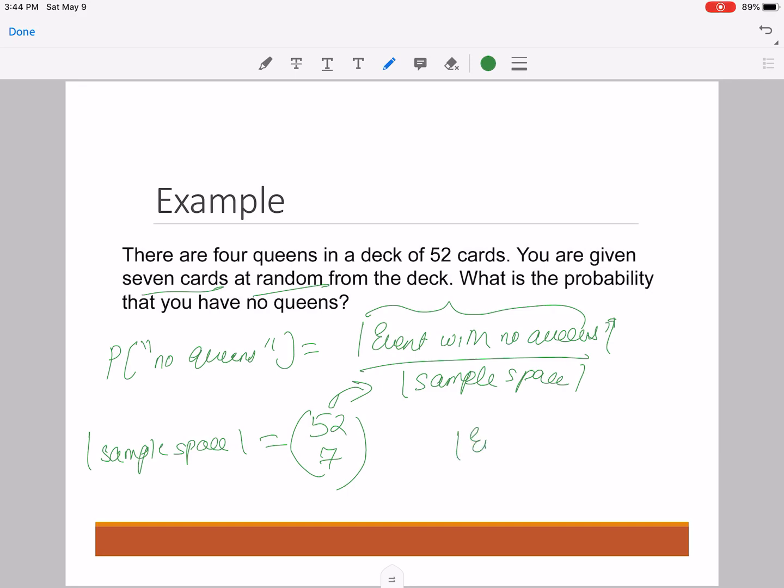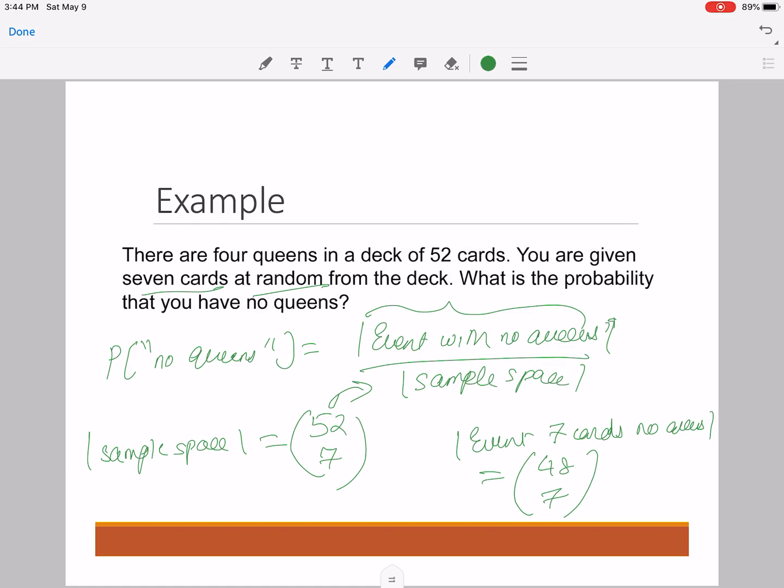So the cardinality of the event with 7 cards, no queens will be equal to 48 choose 7, meaning that I have eliminated the 4 queens out of 52 cards, resulting in 48 cards without queens, and I'm just picking 7 cards from those 48 non-queen cards. So 48 choose 7 will be the size of the event, no queens and 7 cards.